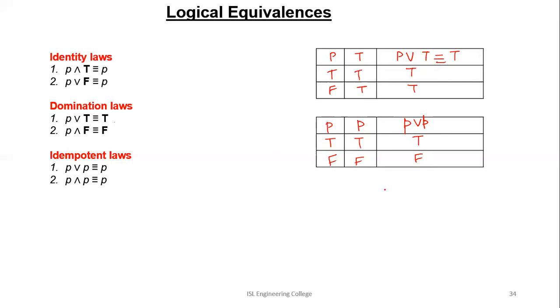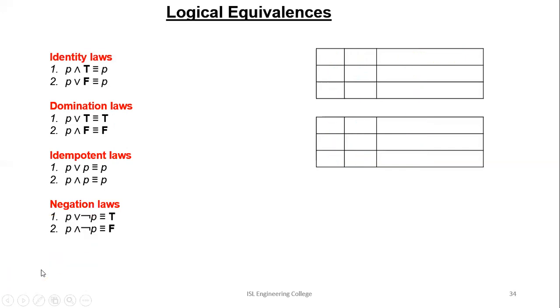So whenever you have two propositions the same, when you AND it or OR it, you will get the same proposition. Next, negation laws. Negation laws are important and very useful when you are solving problems on logical equivalences.